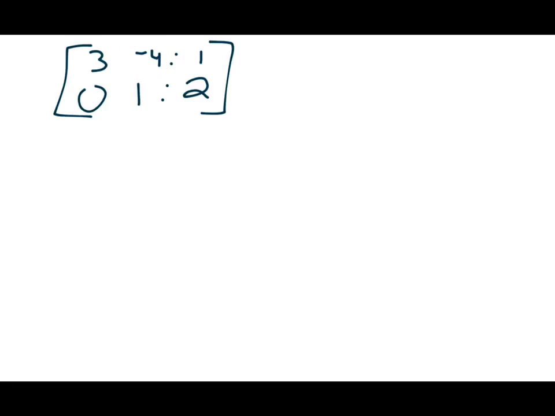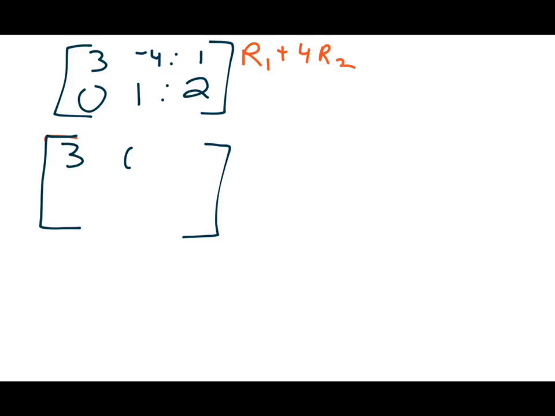So what we would do is we would take row 1, and we're going to add 4 times row 2. When we do that, 3 plus 0 is 3. Negative 4 plus 4 is 0. And then I have 1 plus 8, which is going to be 9. Bottom row stays the same.